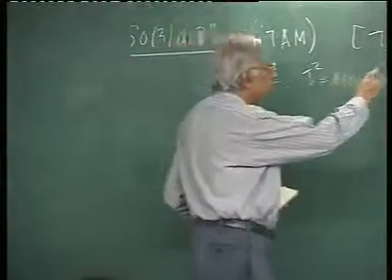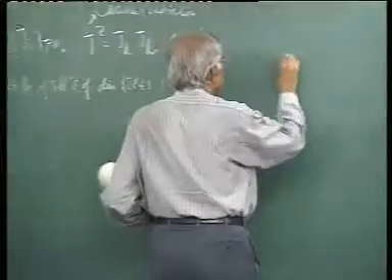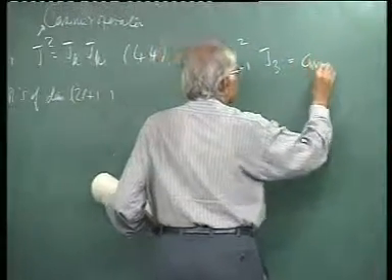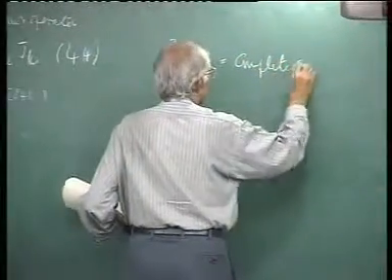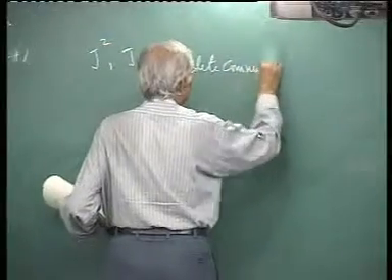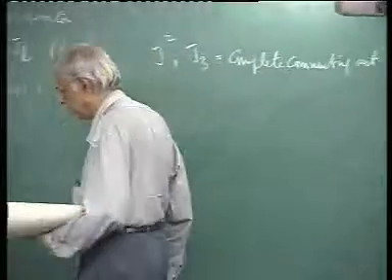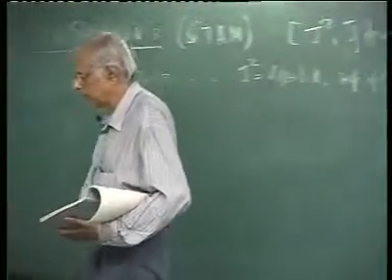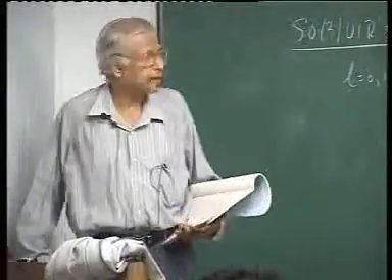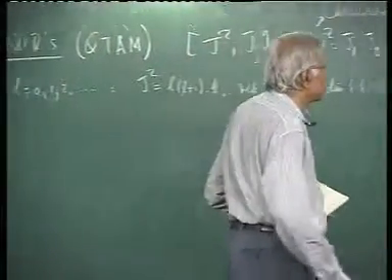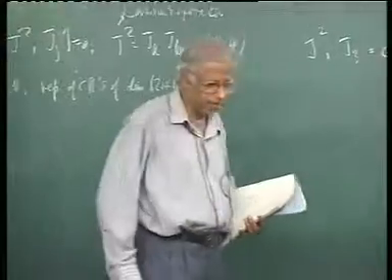Now, if you look at the commutation relations, you can convince yourself, in the language of quantum mechanics, that total J squared and the third component, let us say, J3, form a complete commuting set.